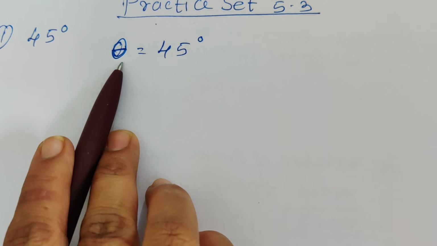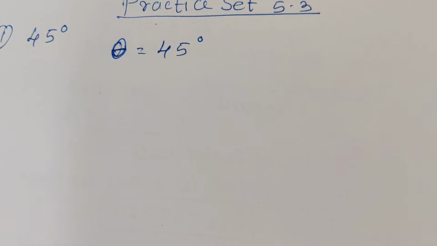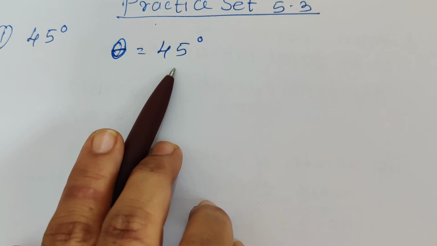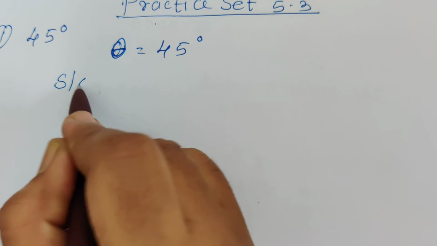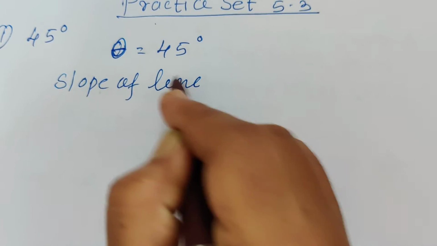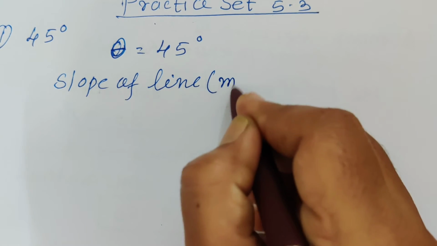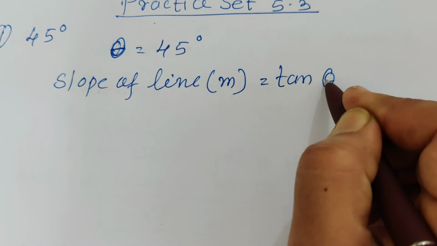The angle made by the line with the positive direction of x-axis, and that is theta. It is 45 degree. Slope of the line, yesterday I told you, slope of line which we show by M is equal to tan theta.